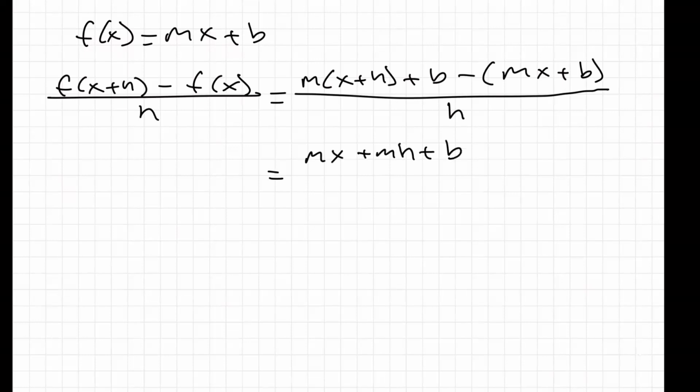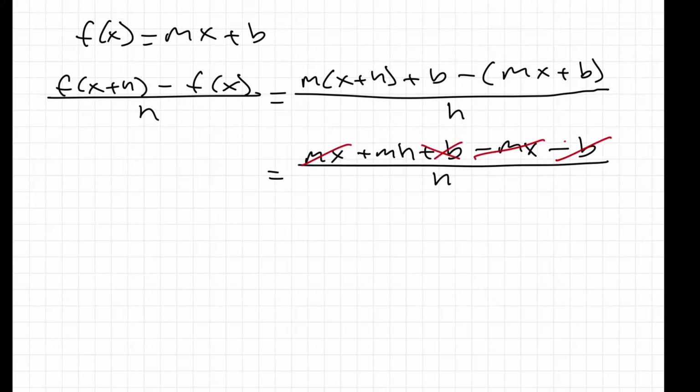We did the 2 just now, so that was a similar idea. Just an m now, because I'm saying it's any linear equation, not just the specific one we looked at. Minus mx minus b, which again, we really like because now we have an mx and a negative mx, a positive b and negative b, gone, cancels out to 0. And then we're left with not 2, but mh over h will give us just m.